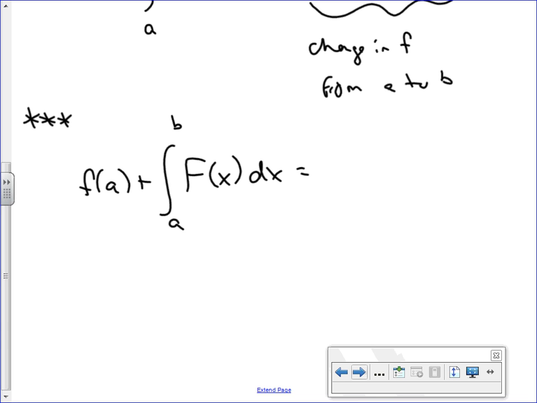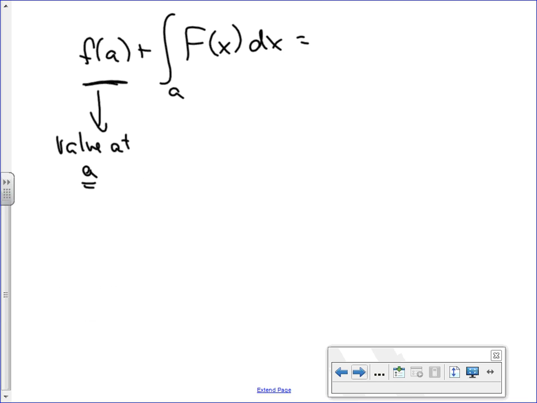This right here is some sort of initial value. This is whatever value you had at a. A is sometimes 0, sometimes it's something else. Some sort of value that's given to you.